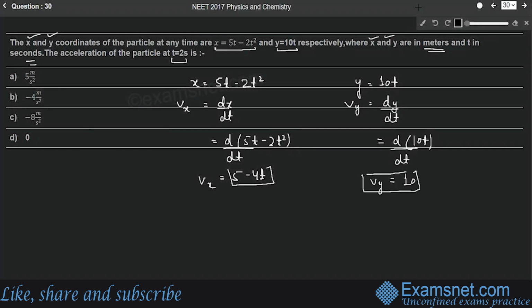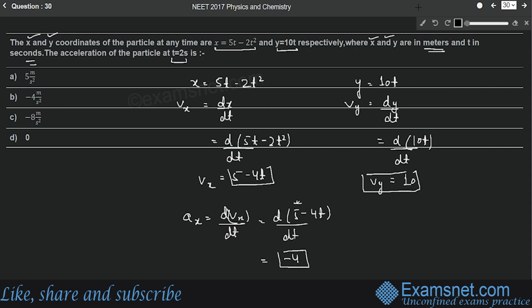Now we have to find the acceleration. So how to find the acceleration? Acceleration will be the differentiation of velocity. So dVx by dt. That means differentiation of 5 minus 4t, and that will be equal to minus 4 only, because 5 is a constant, it will be 0. This side it will be minus 4.